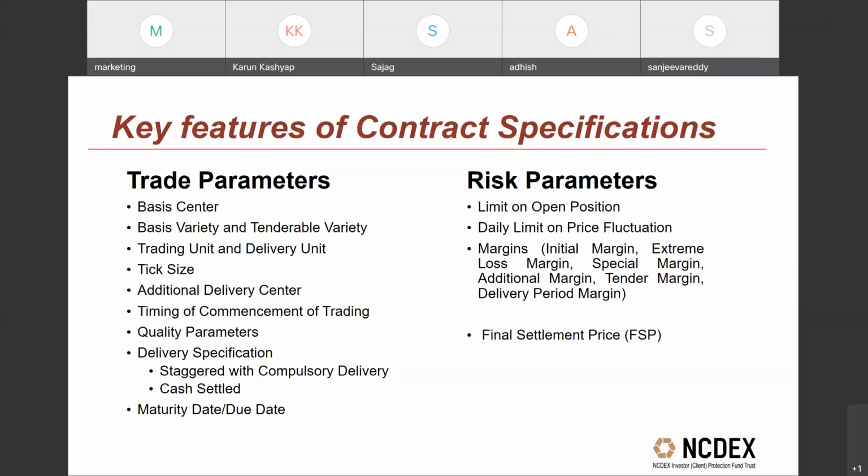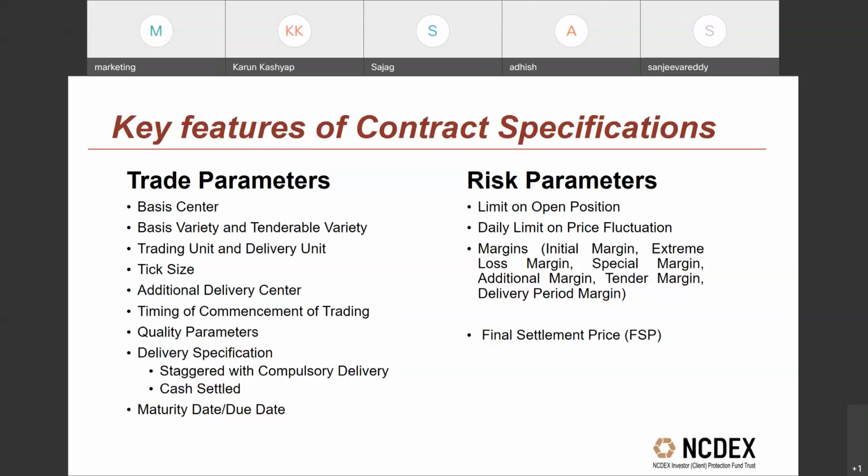Then there is a basis variety and tenderable variety. Basis variety means the quality parameters which will be traded on the exchange platform. For every product there are different quality parameters.